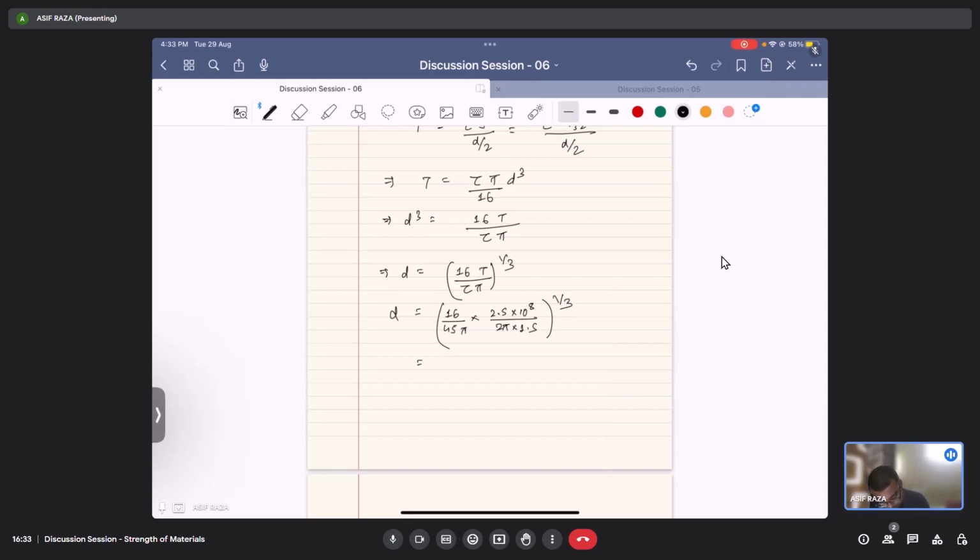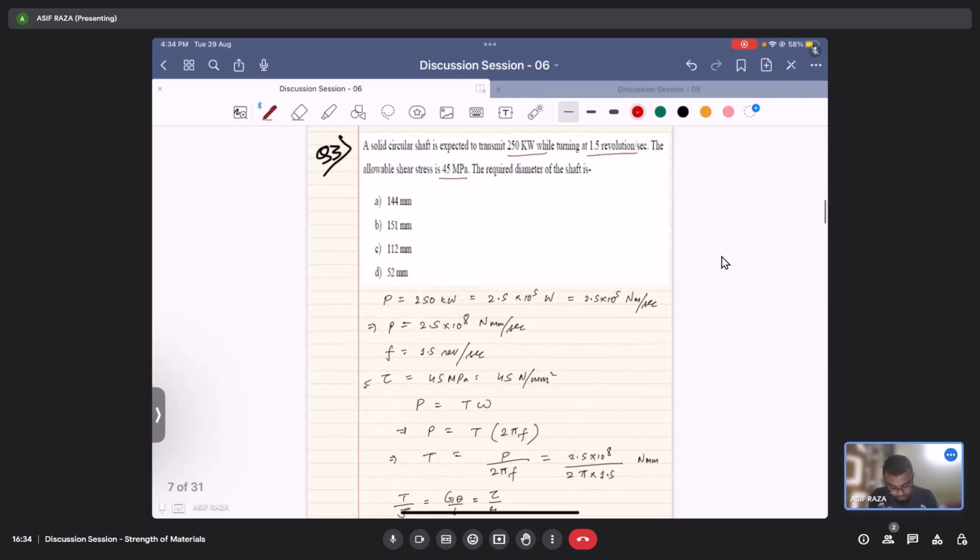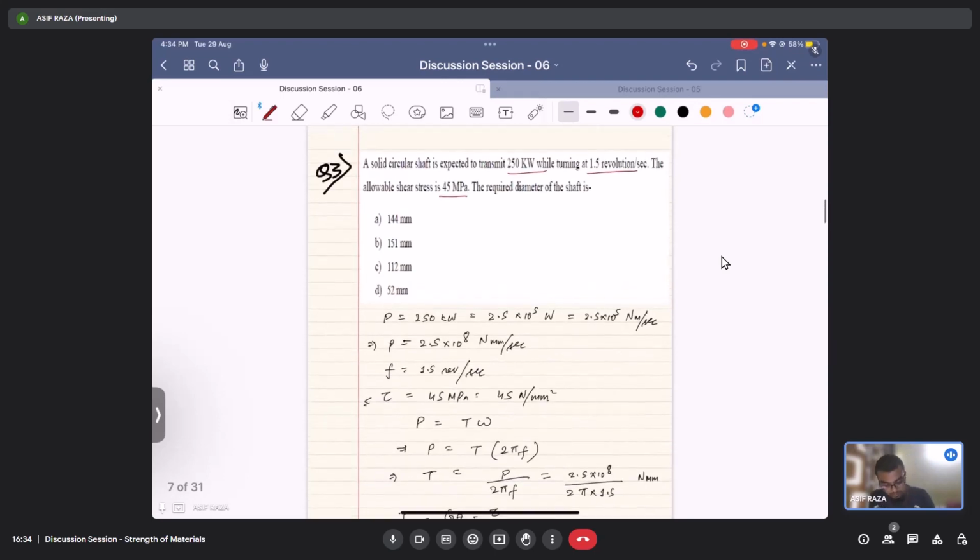So this comes around 144.26 mm. So roughly we can say our diameter value is 144 mm. That is option A.